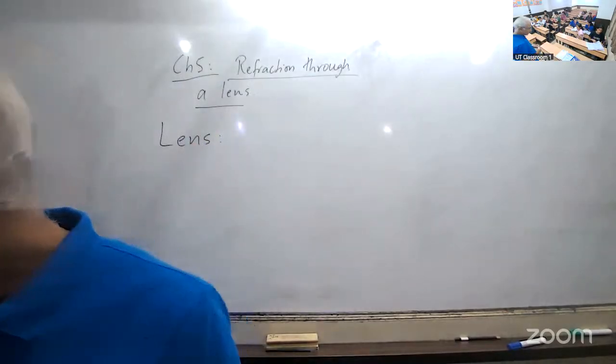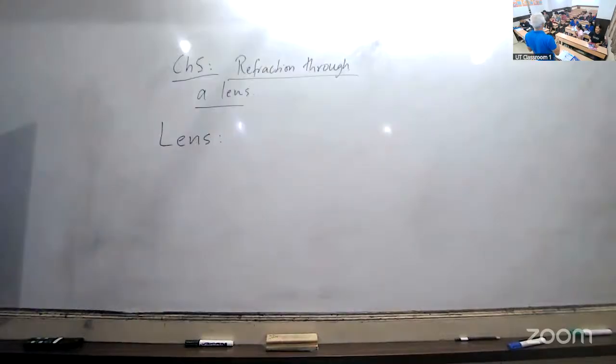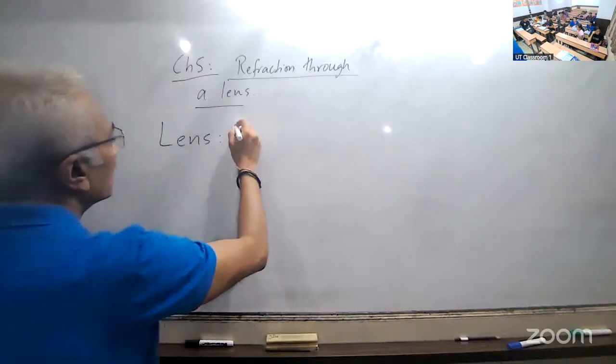First of all, just like a rectangular glass slab or a prism, it is also a transparent medium. But now it doesn't have a plane surface, it has a spherical surface. What is a lens?